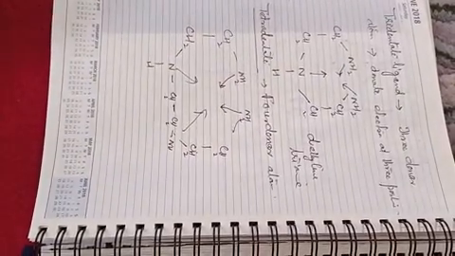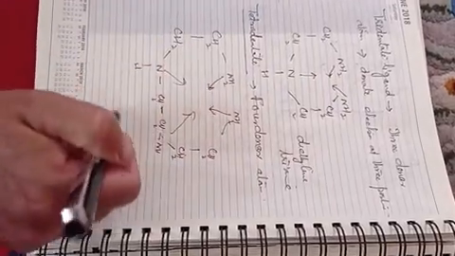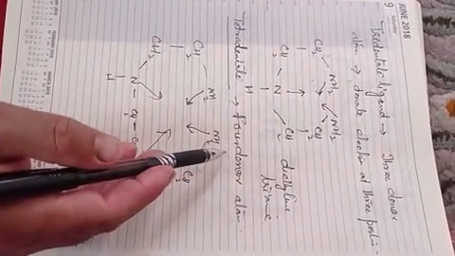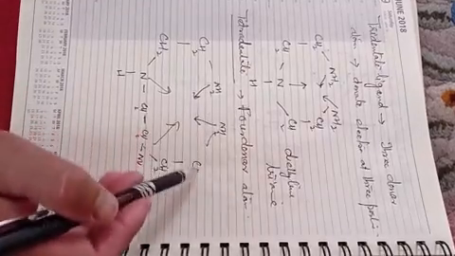So tetradentate ligand means which has 4 donor atoms, and it can donate electron at 4 sites.